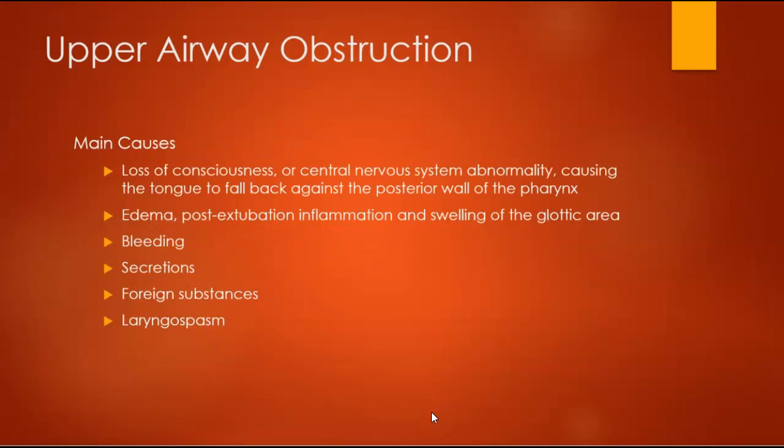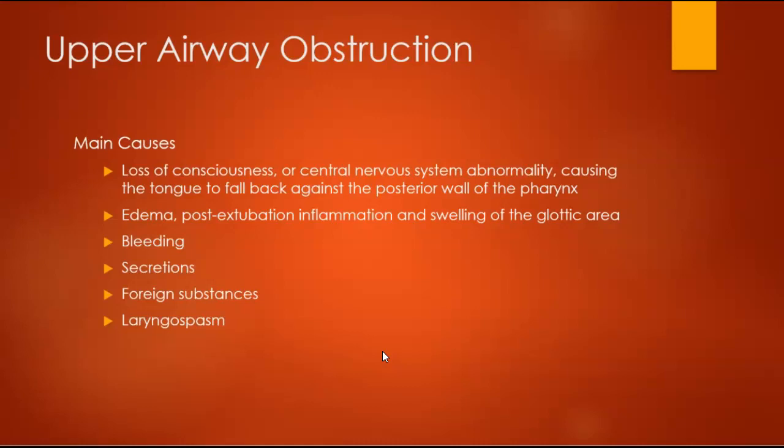Some of the main causes of upper airway obstruction may be loss of consciousness or central nervous system abnormalities. This causes the tongue to fall back into the posterior wall of the pharynx, blocking the airway. Another cause is any type of edema, any swelling, commonly related to post-extubation.